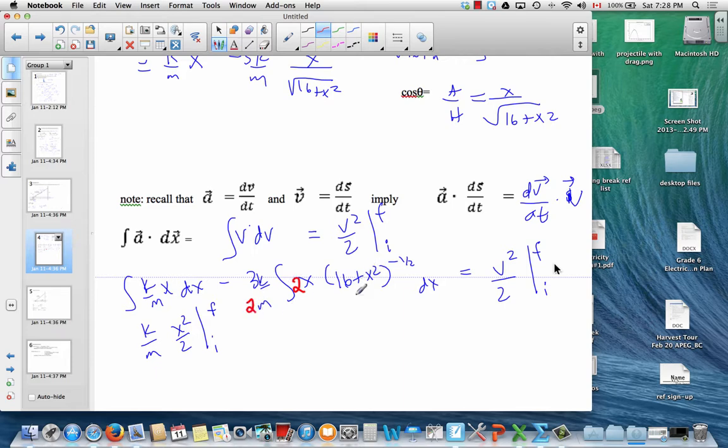And now I've got v to the minus 1/2 dv. And the integral of v to the minus 1/2 dv is v to the half over half, or 2 v to the half, or just 2 root v.